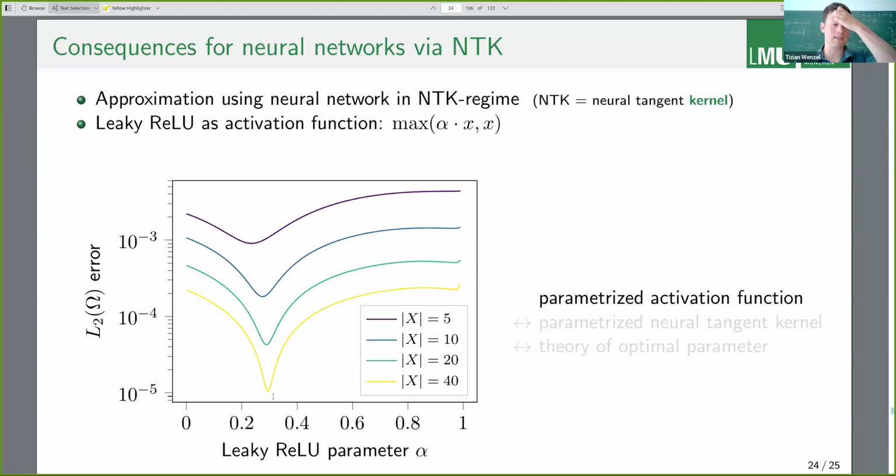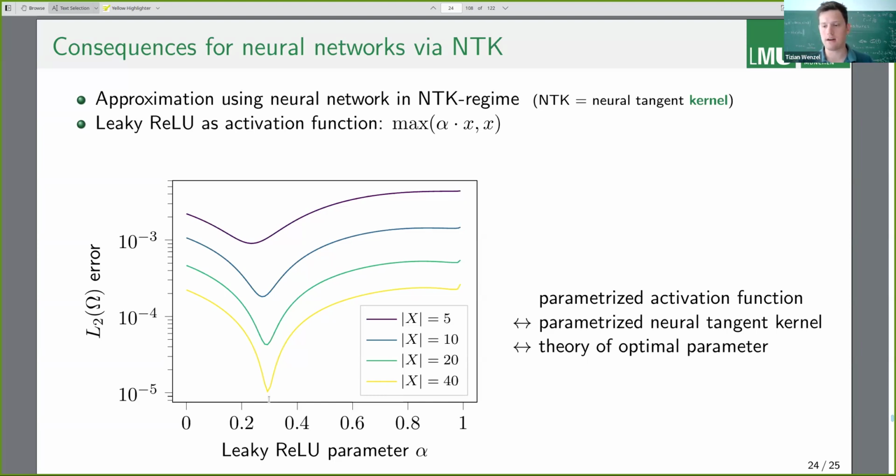And especially we can see that a leaky ReLU parameter around 0.3 always gives the best results. And the reason for this is really that having a parametrized activation function means that I have a parametrized neural tangent kernel, and therefore this theory of the optimal parameter is applicable here as well.